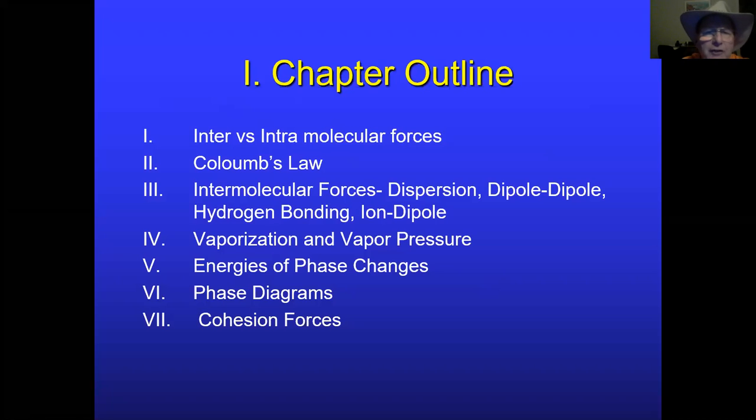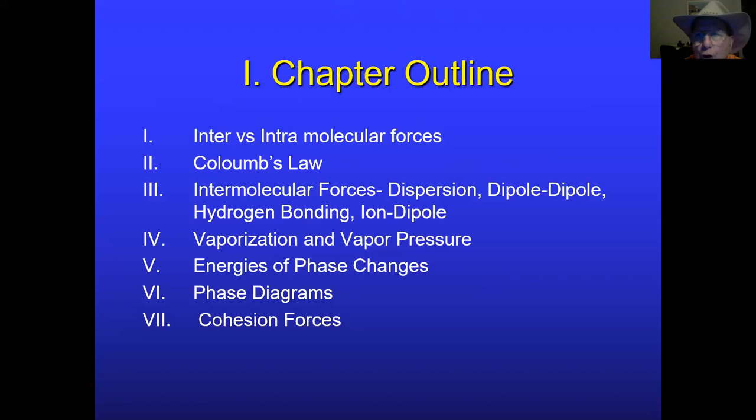So the first thing we're going to deal with are inter versus intramolecular forces. We will talk about Coulomb's law. We will deal with the individual intermolecular forces: dispersion, dipole-dipole, hydrogen bonding, and ion-dipole bonding. We will deal with cohesion forces, things like viscosity.